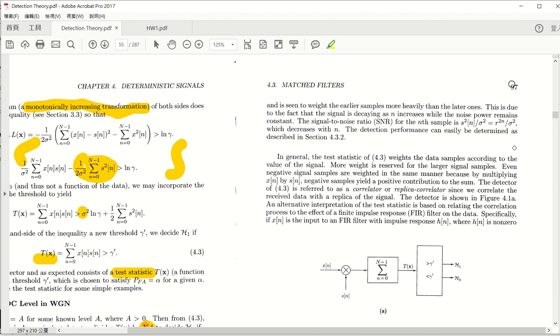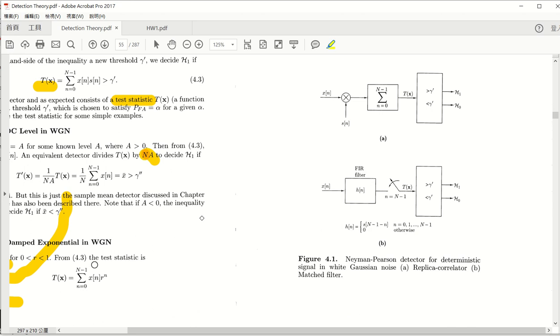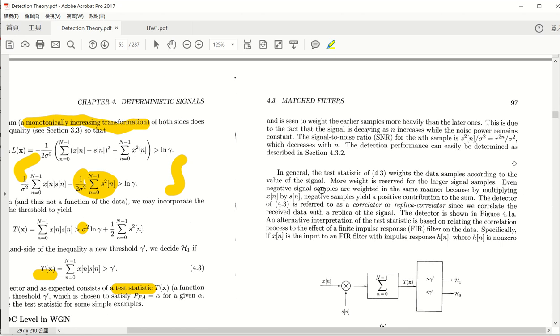So now we are at page 97. If we take a look at this test statistic, it seems to weight the earlier samples more heavily than the later ones.